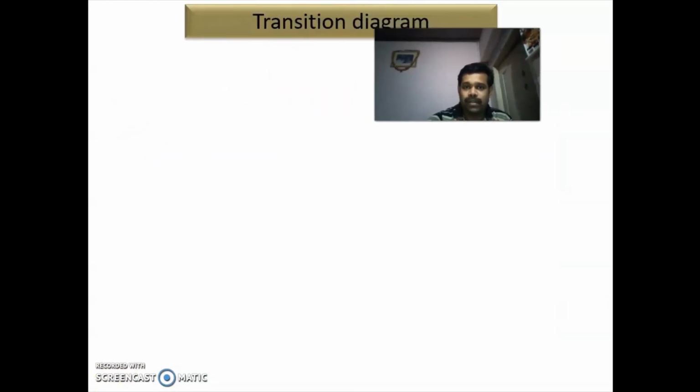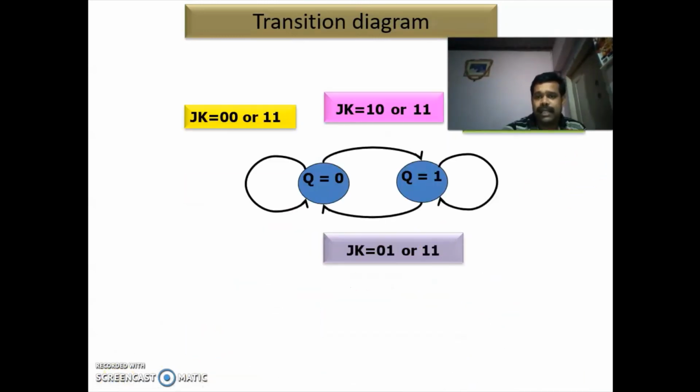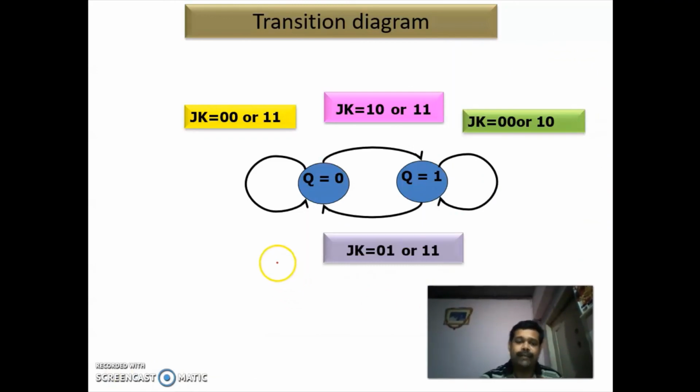Now, this is the transition diagram of the JK flip-flop. When J is equal to 0, K is equal to 0 and Q is equal to 0, it is in the present state, and the next state will be 0 only.